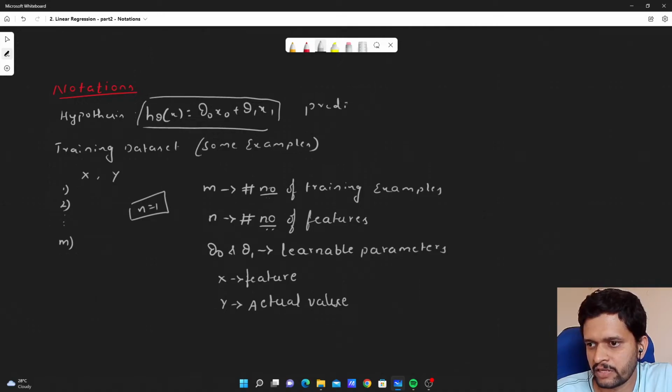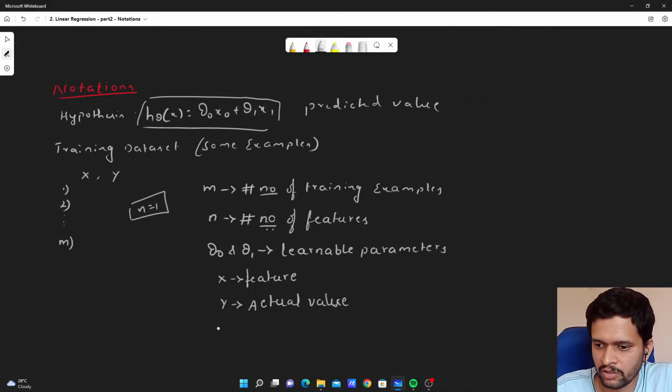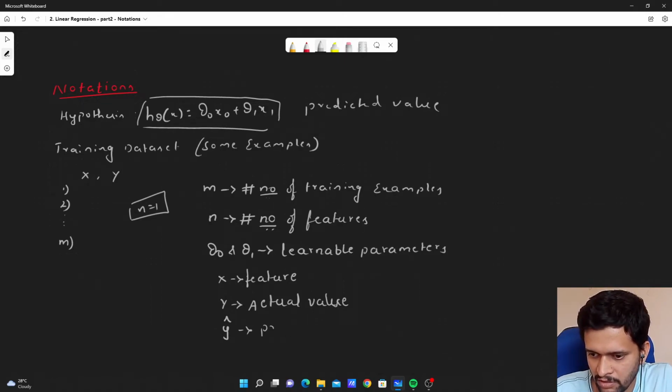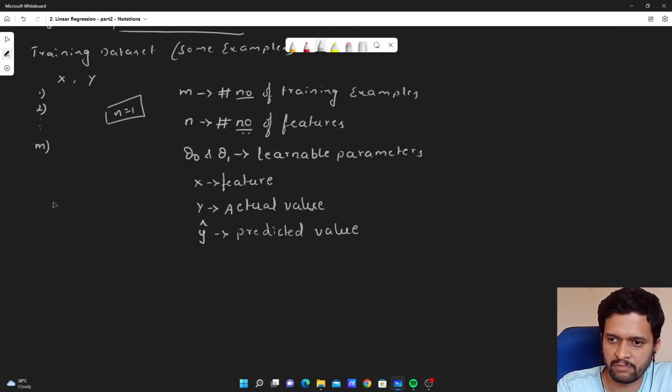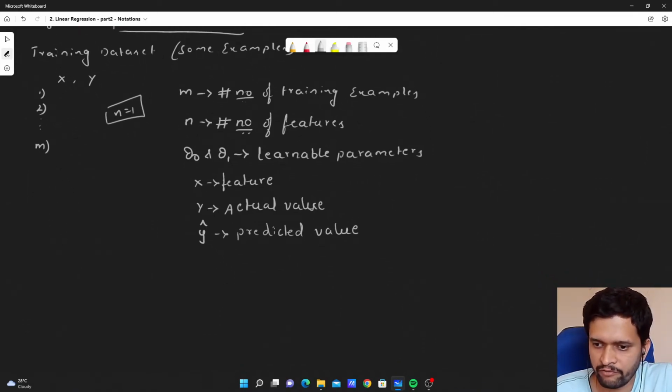We call it as predicted value, denoted as y hat. Okay, so this small y, so we can denote it as y hat. So this is our predicted value.